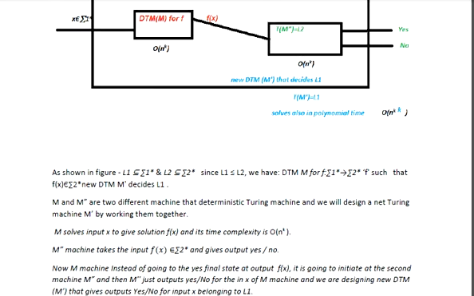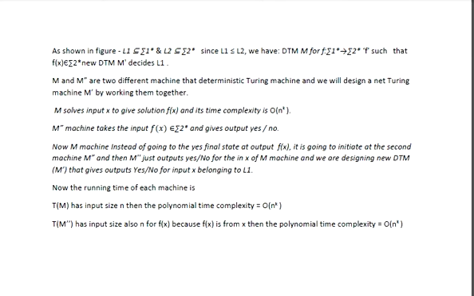So we have that M solves input x with the solution f of x, and it takes complexity order of n to the power k, and the M double prime machine takes the input f of x which belongs to sigma 2 and gives the output yes or no.